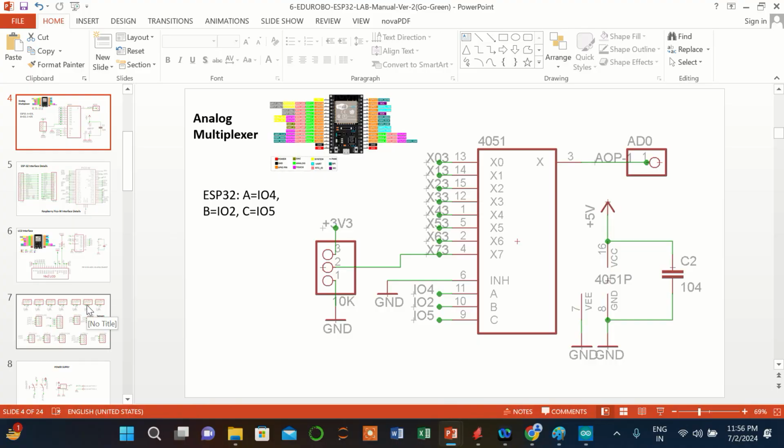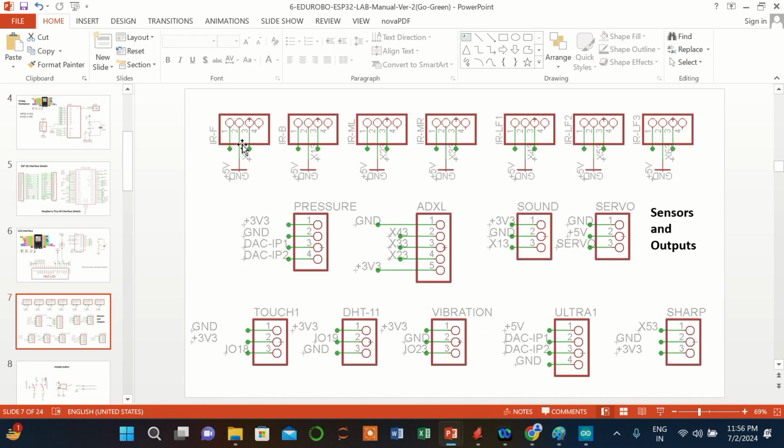Similarly, if you look at the other possible inputs other than these 7 analog sensors, you can interface other pins; 4 pin, 5 pin and 3 pin slots are provided.